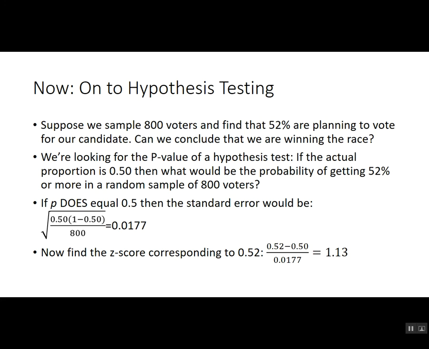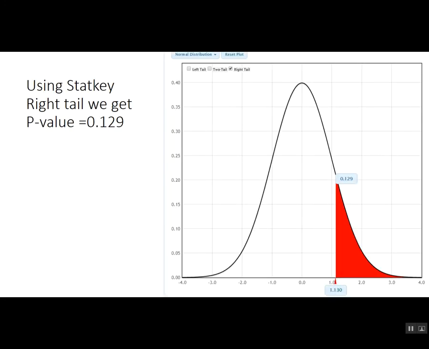So now we find the z-score corresponding to 0.52. 0.52 minus 0.50 over 0.0177 is about 1.13. So using StatKey, we put in 1.13 for z and right tail, because we want to know how surprising it would be to get a number at least that big, and it's 0.129.